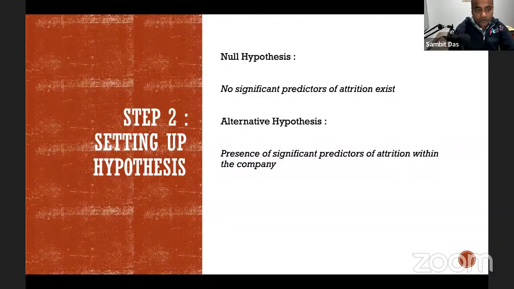So we want to start with a hypothesis here, and in this case, we are saying that there are no significant predictors that exist for attrition. So we are basically saying the null hypothesis, our going-in position, is that none of the factors like salary, manager, or any other department or any other such variables have any role to play in attrition.